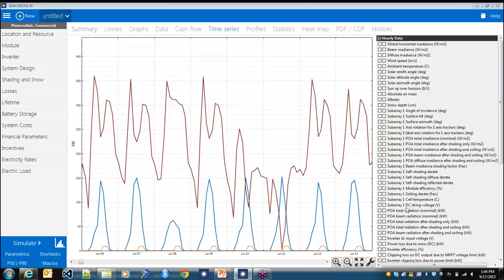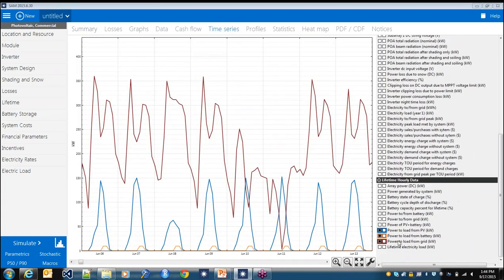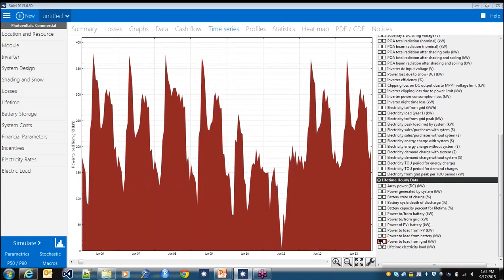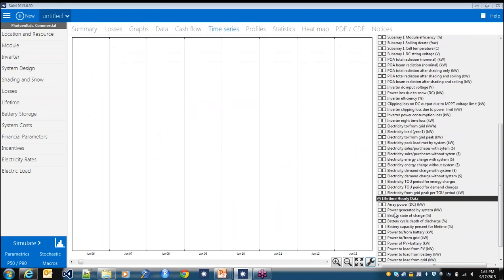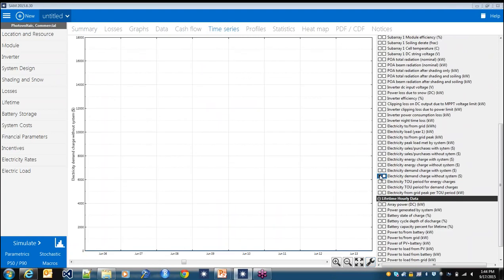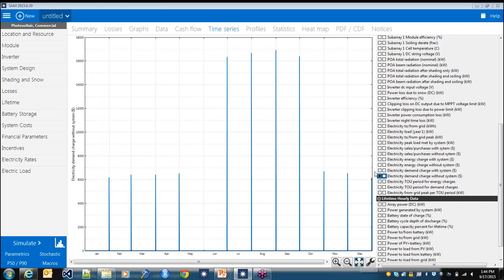And perhaps one more interesting set of outputs that I'll have you look at before I wrap this up and jump to questions. So there's this electricity demand charge without system, and then electricity demand charge with system.